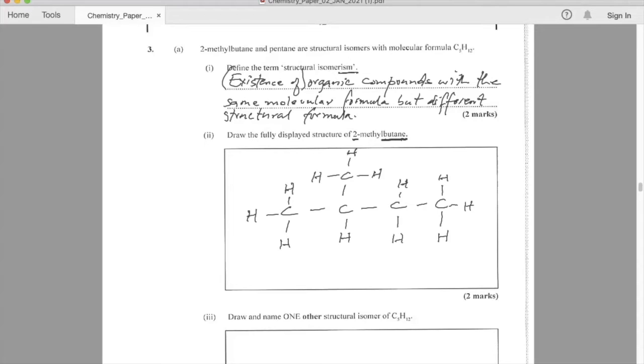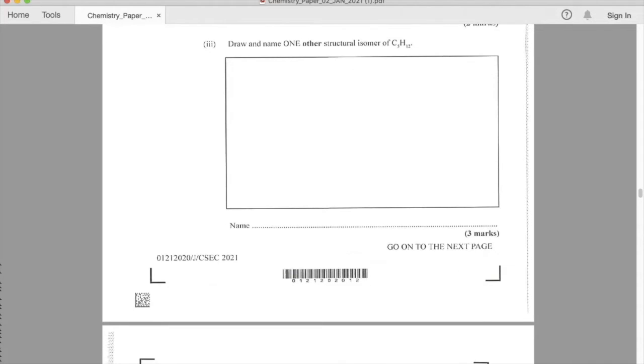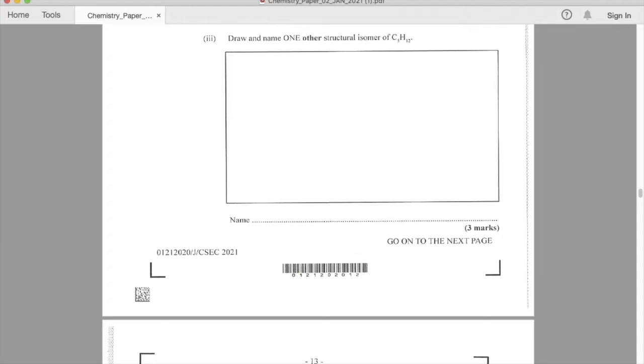The carbons have the maximum number of hydrogens attached to them, so we call this a saturated compound. This is 2-methylbutane because on carbon 2, we have a methyl group, that's the CH3 group.